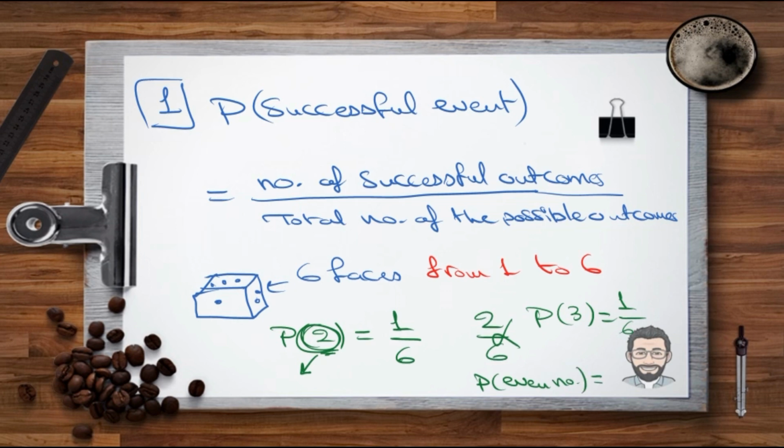You have to write how many even numbers from 1 to 6? 2, 4, and 6. So how many values do we have, how many faces? Yes, 3 successful outcomes out of the possible outcomes, which means all of them. So over 6, which is finally 1 over 2.